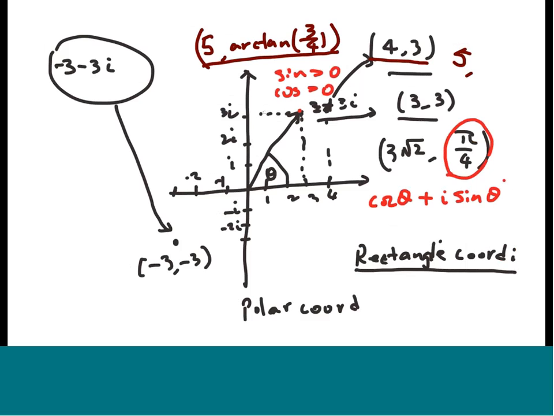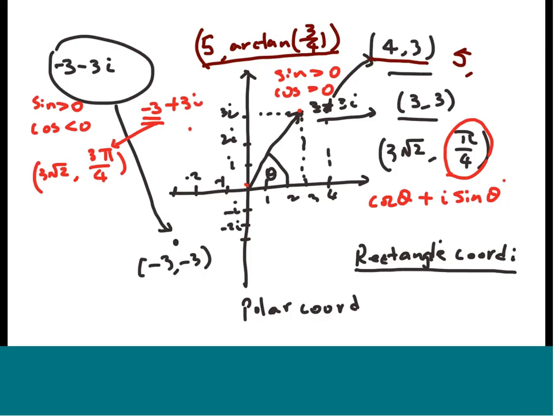For example, this point is -3 plus 3i. When you come to the polar coordinate, it's going to be 3 square root of 2, then 3 pi over 4. This is exactly right because here sine is still positive, and cosine is negative, so the x is negative.